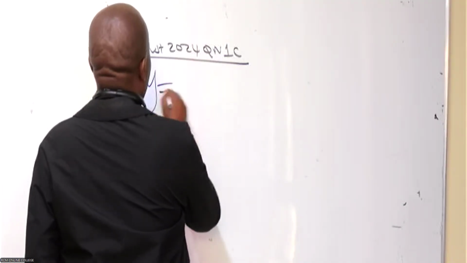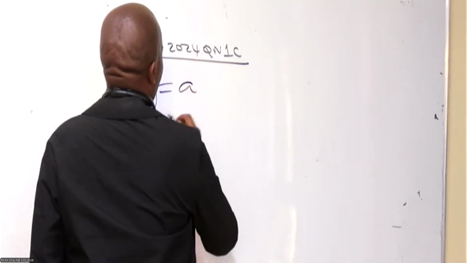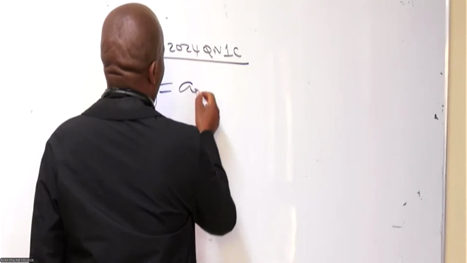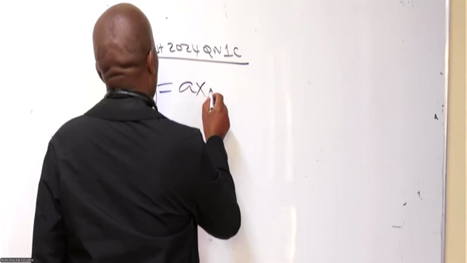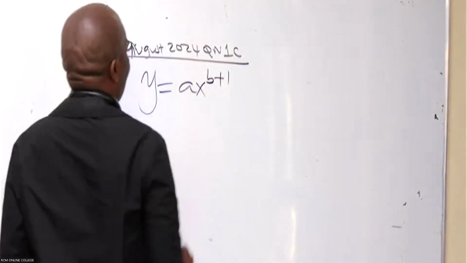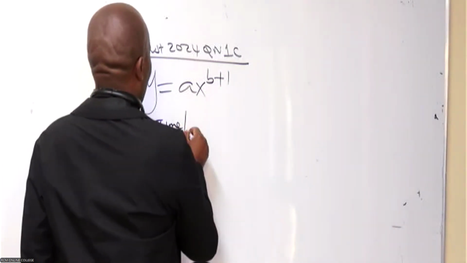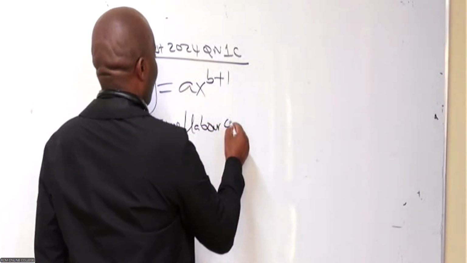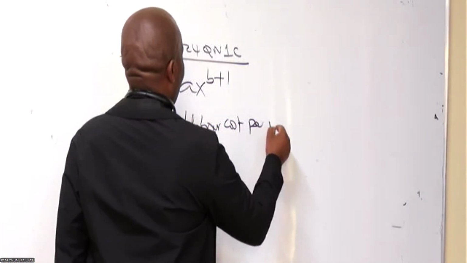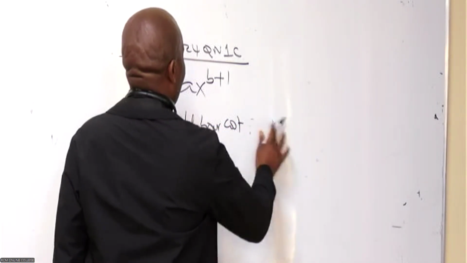So we know that our learning curve is y equals a x to the power of b plus 1. A is the time or labor cost per unit for producing the first unit.